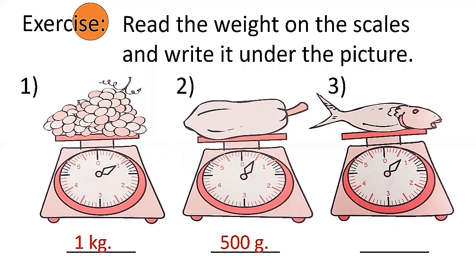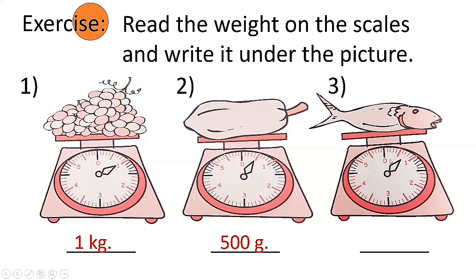Okay, now let's proceed to the next. How about this fish? Okay, let's count. 1, 2, 3, 4, 5, 6, 7. Oh, there are 7. So please remember that each of these is equivalent to 100 grams.